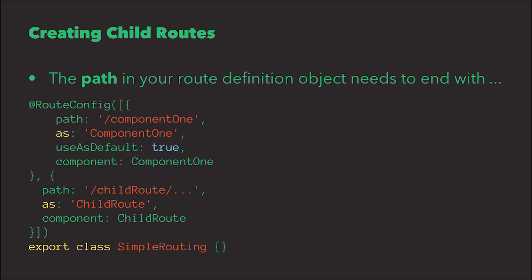On the next route that we're defining below, you see /childroute/... and also the component that we want to use to handle this routing. So what this does is when Angular sees a route that begins with /childroute, it will then look at the router definition and the child route object to figure out where to go next.